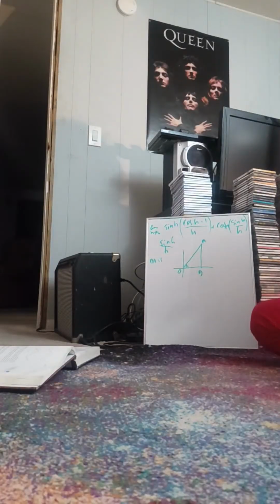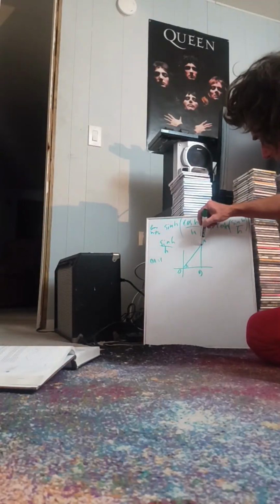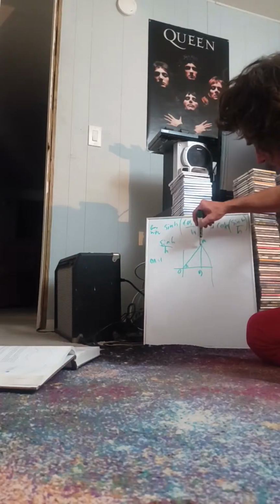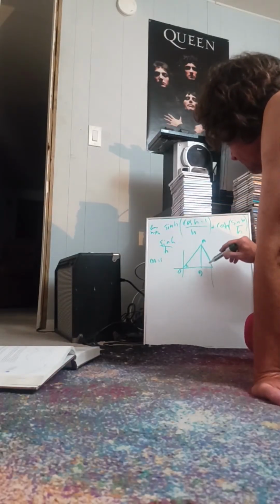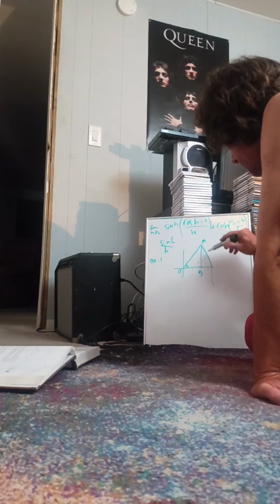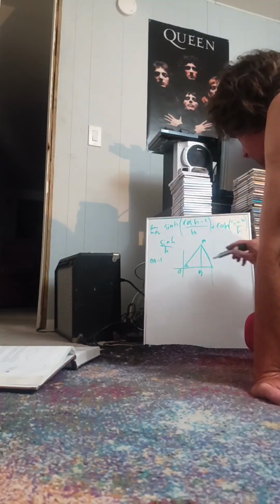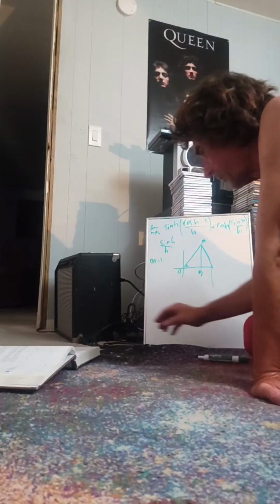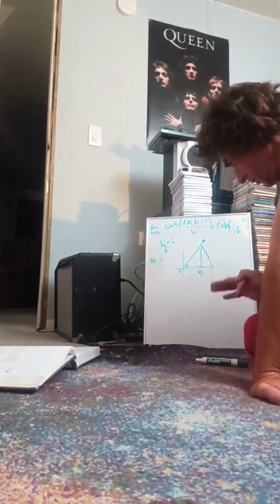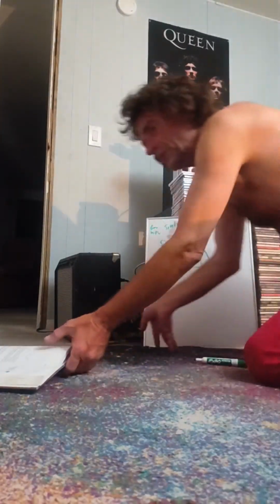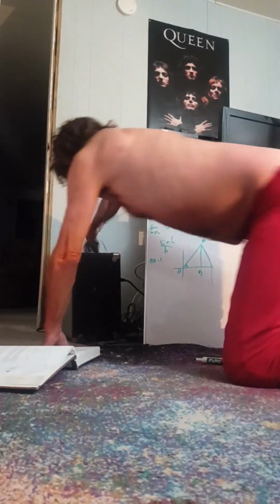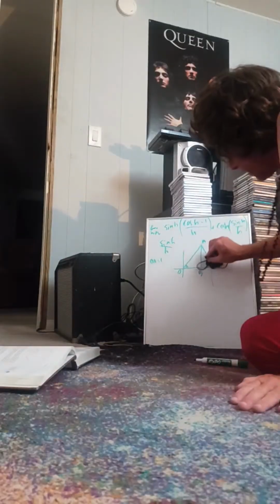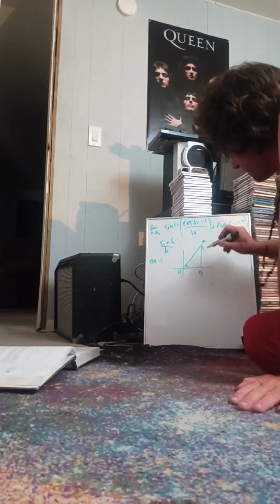We make a circle out of this, which has a curvature to it. This is going to be 1 down here too.